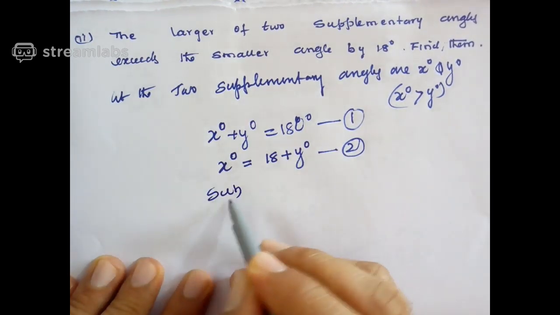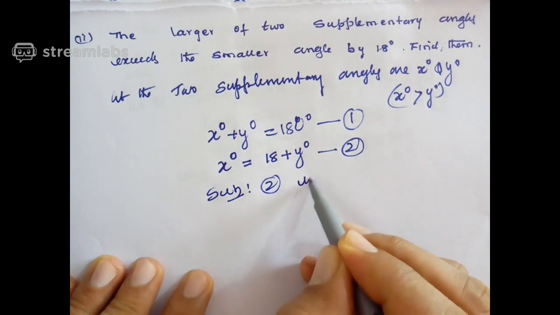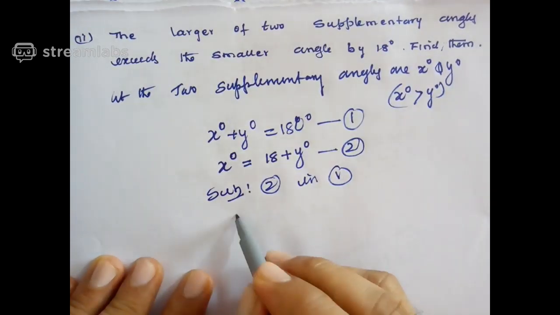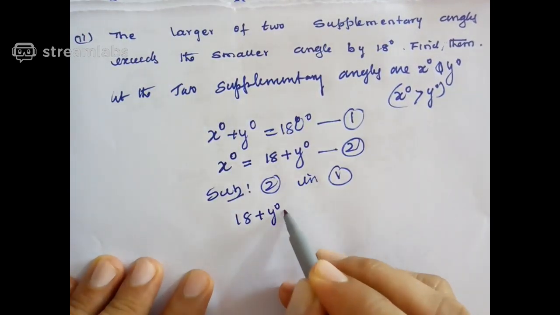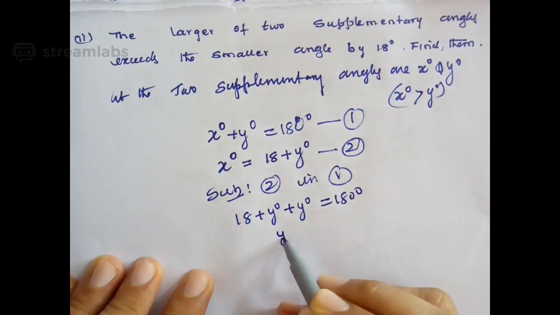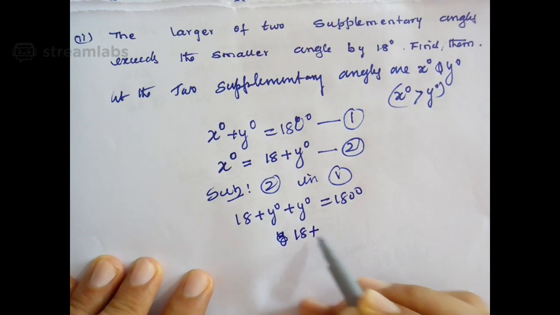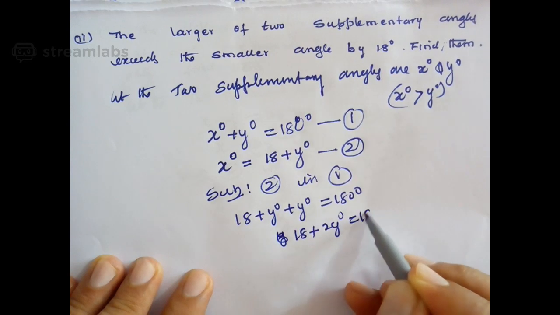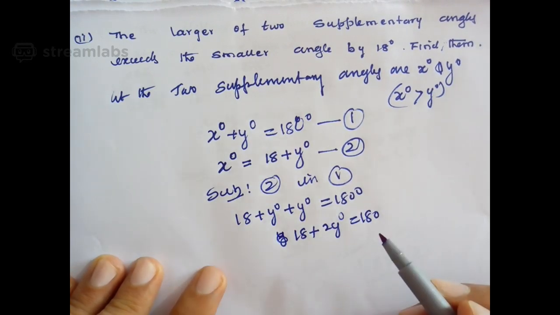Now substitute equation number 2 in 1, that is 18 plus y degree plus y degree is 180 degree. So 18 plus 2y degree is 180 degree.